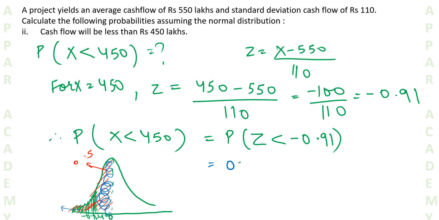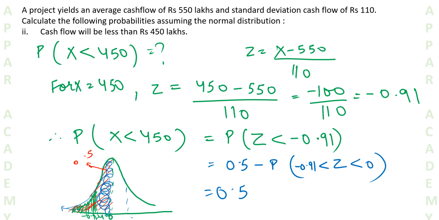So this is equal to 0.5 minus the probability that z lies between minus 0.91 and 0. Now we know that by symmetry, if this is 0.91, both the blue areas are equal. So 0.5 minus the probability that z lies between 0 and 0.91.